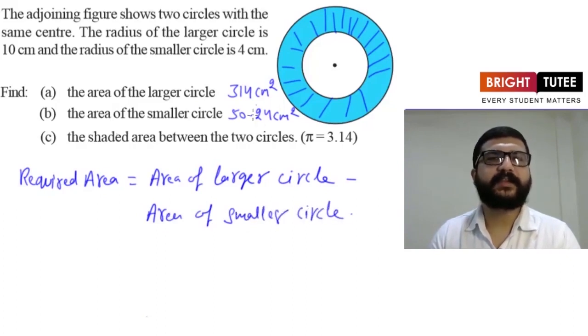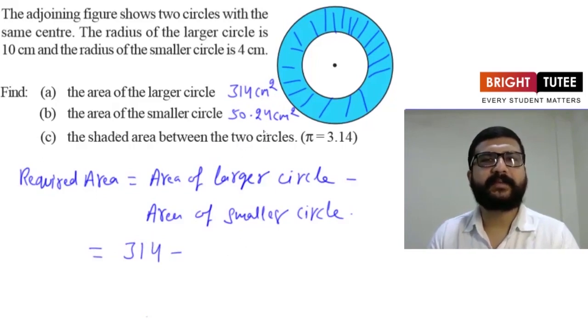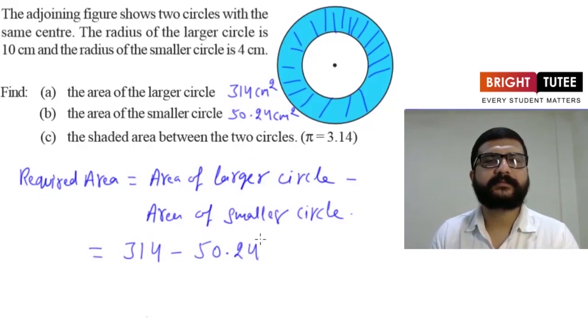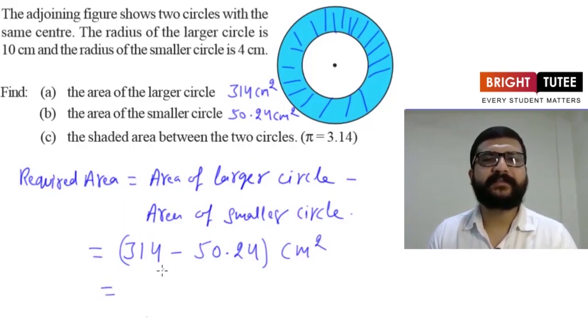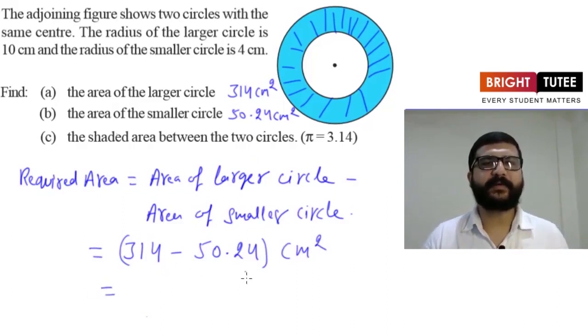Now what is the area of the larger circle? It is 314 square centimeters. So this will be equal to 314 minus 50.24, which is the area of the smaller one, and the unit will be square centimeter only. Now just simplify this, 314 minus 50.24, what will you get from here?